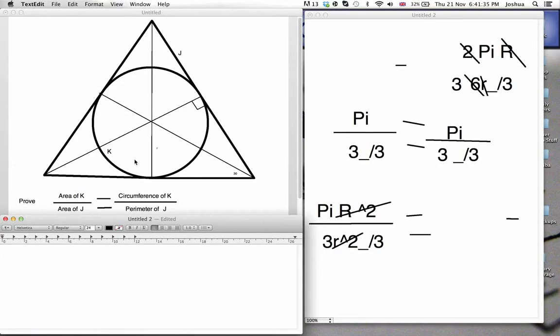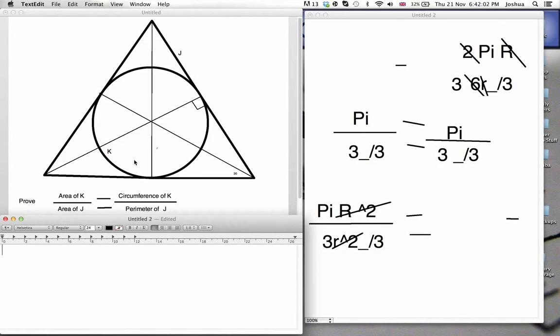We can now use the hypotenuse of this triangle to find the height of the triangle. I got that circled because I didn't say which triangle is 3r. The length of one side must be 2r from the triangle ABC. The area of the circle is pi r squared. The area of the triangle is 3r times 2r square root of 3 divided by 2.